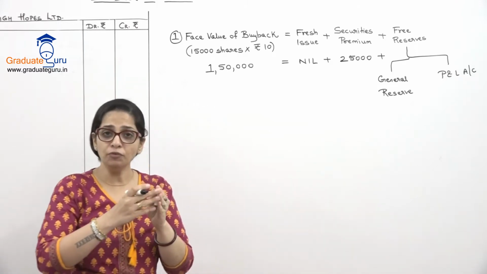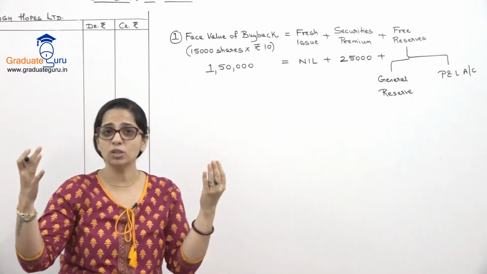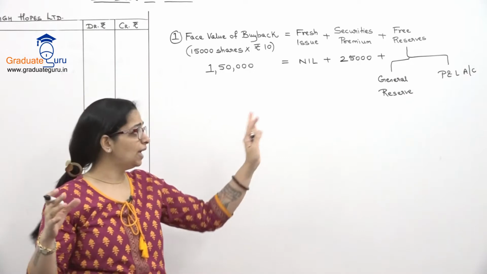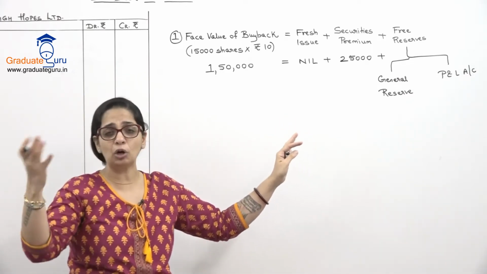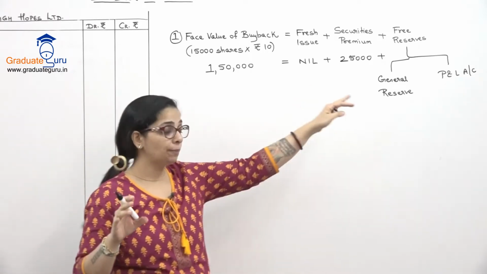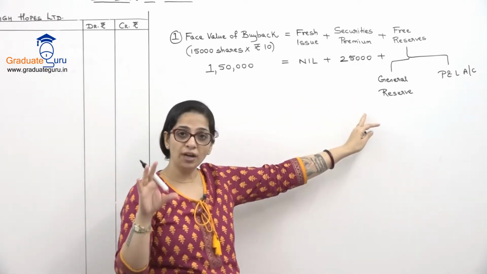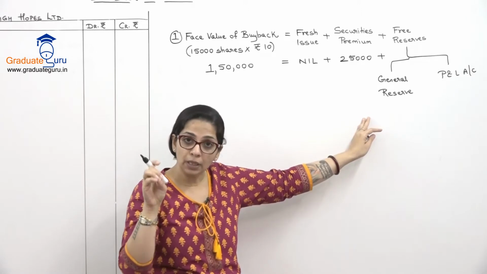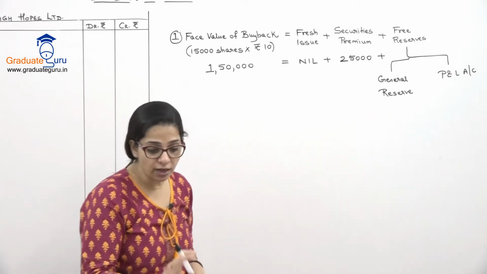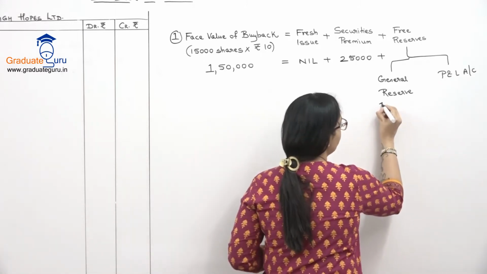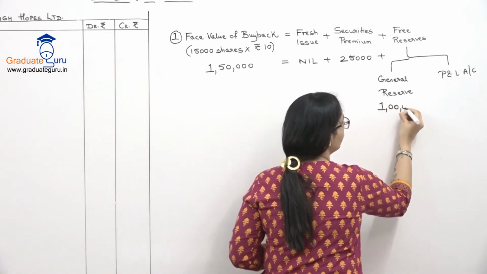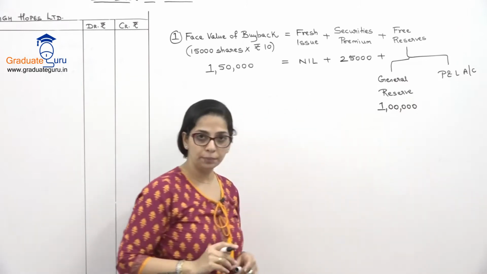The P&L is completely free reserve that we can use anywhere in future, like paying dividend or whatever. So why use that up? I will rather use general reserve, which has fewer uses. How much general reserve is given? 1 lakh. So I will use up that full general reserve of 1 lakh.